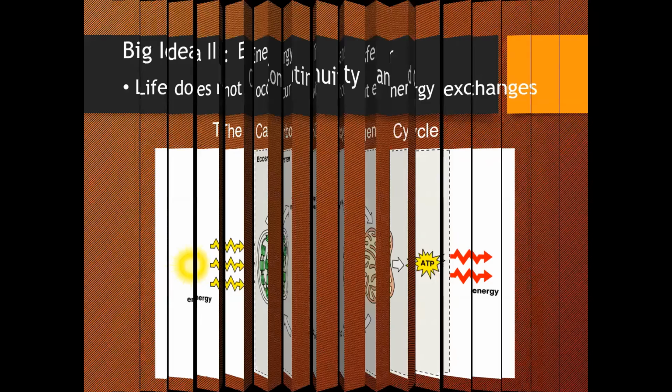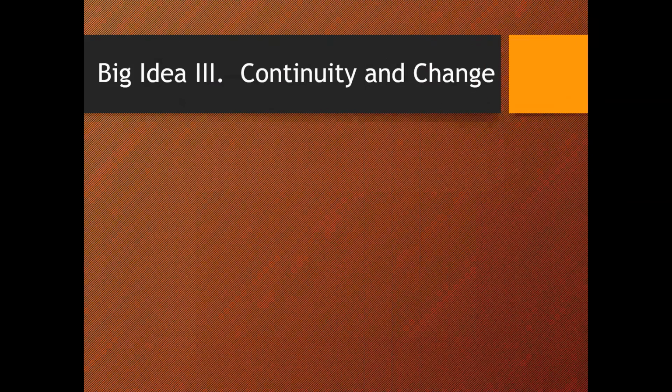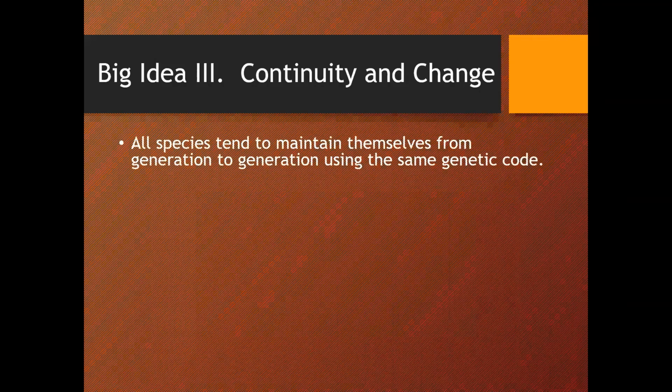The third big idea that we've used to frame the course is that of continuity and change in living things. We talk about the fact that we have a common genetic code, that we have a common genetic material, that every organism that has been alive, is alive today, all have an identical genetic code.